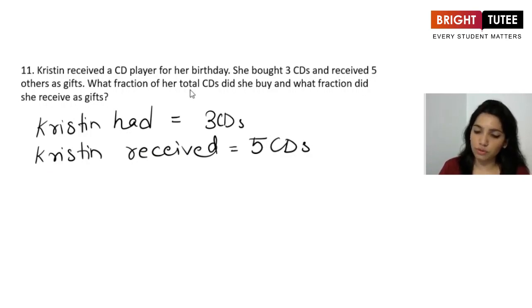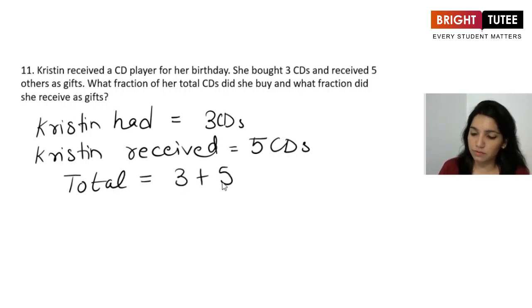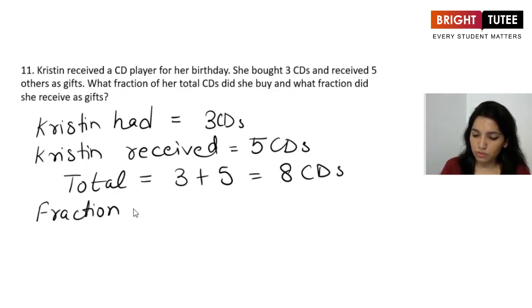Now what fraction of her total CDs did she buy and what fraction did she receive as gifts? So what do you see is the total here? How many total is she having now? She is having a total of 3 plus 5 equals 8 CDs. Okay, this is the total number of CDs with Kristen. Now what is the fraction that she had?